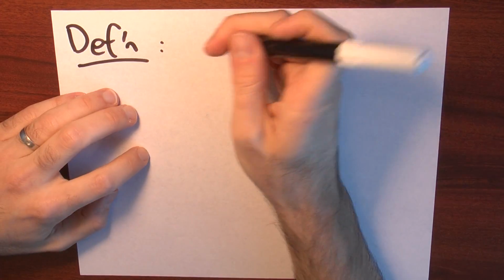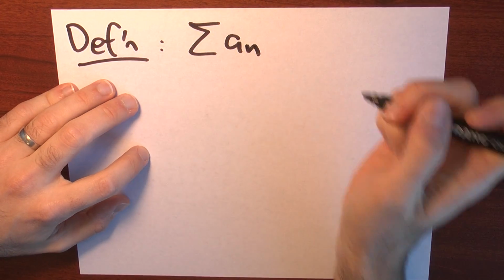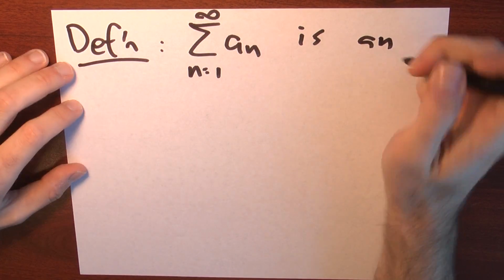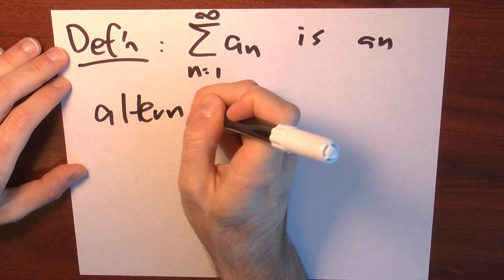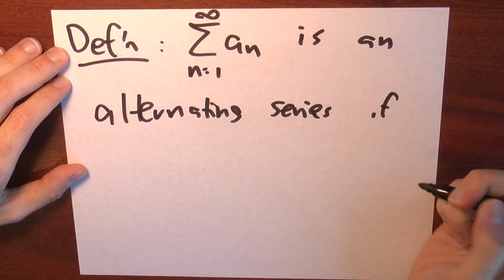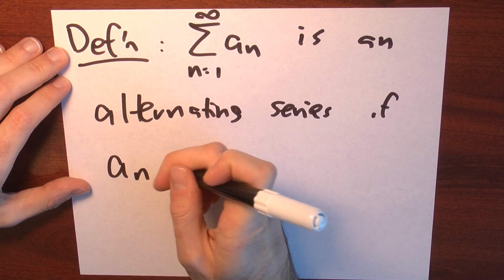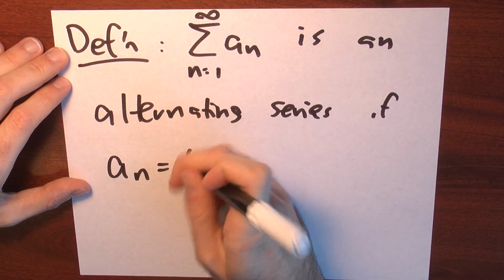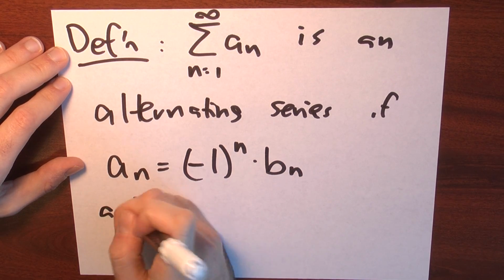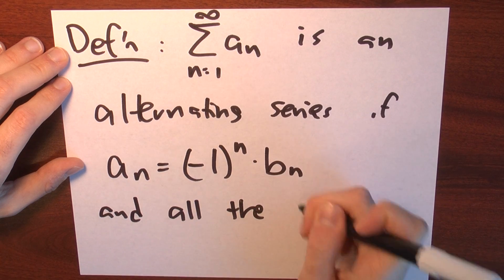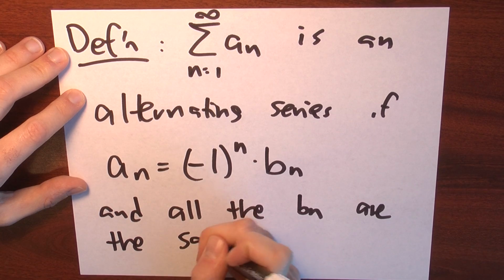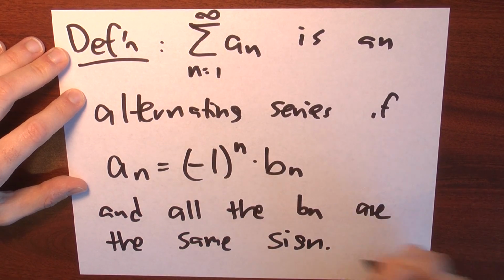Well, here's a precise definition. The series, sum of a sub n from 1 to infinity, is called an alternating series if a sub n is equal to negative 1 to the nth power times b sub n, and all the b sub n are the same sign.